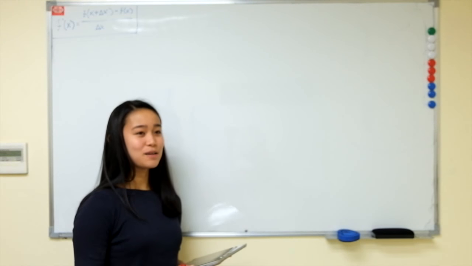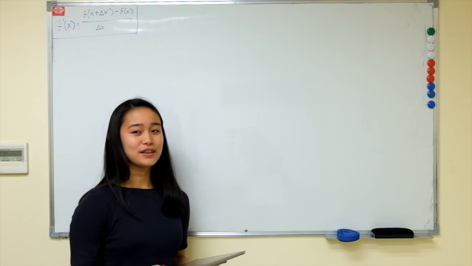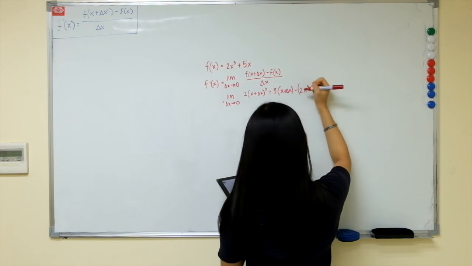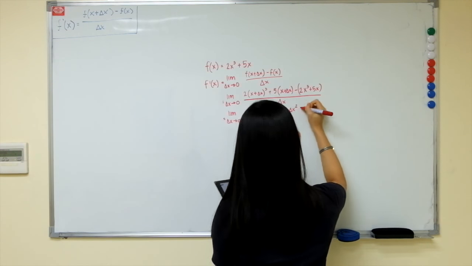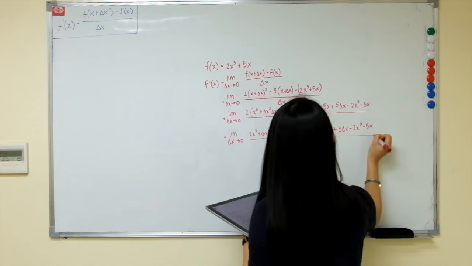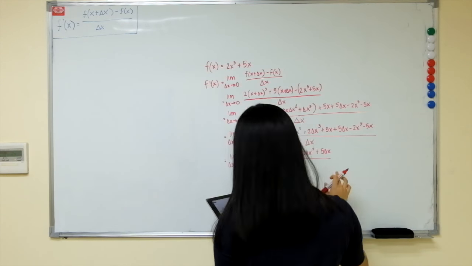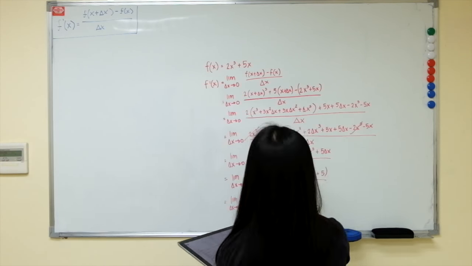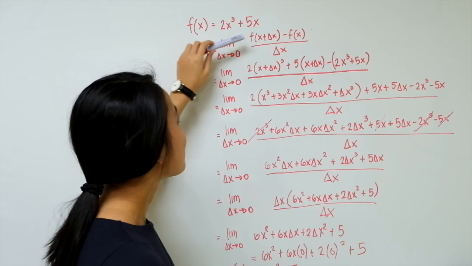Okay, for the second example, we are still going to use the polynomial function. Function is 2x cubed plus 5x.